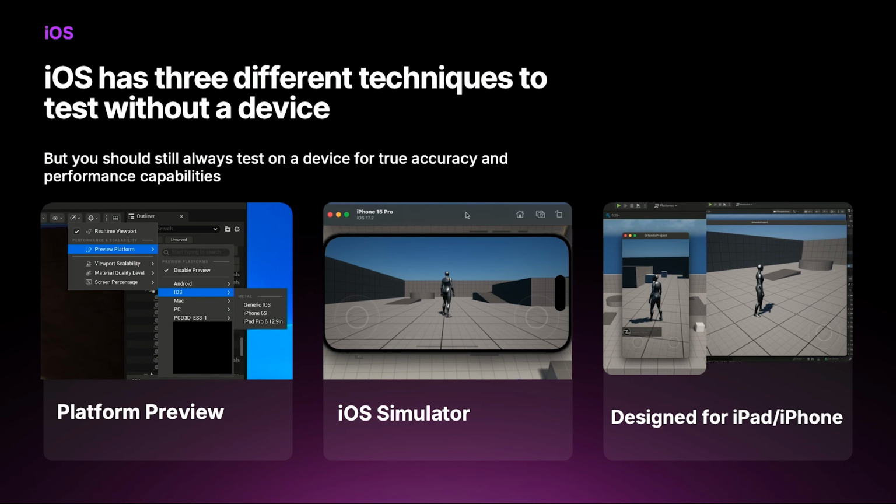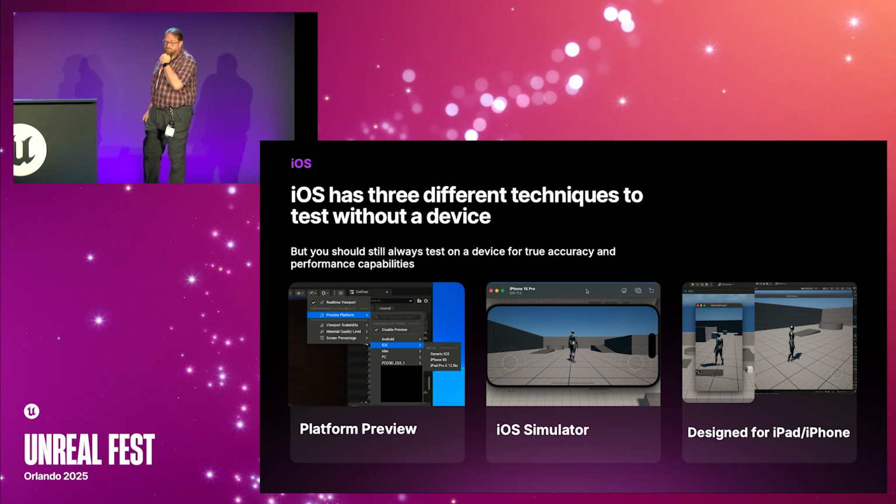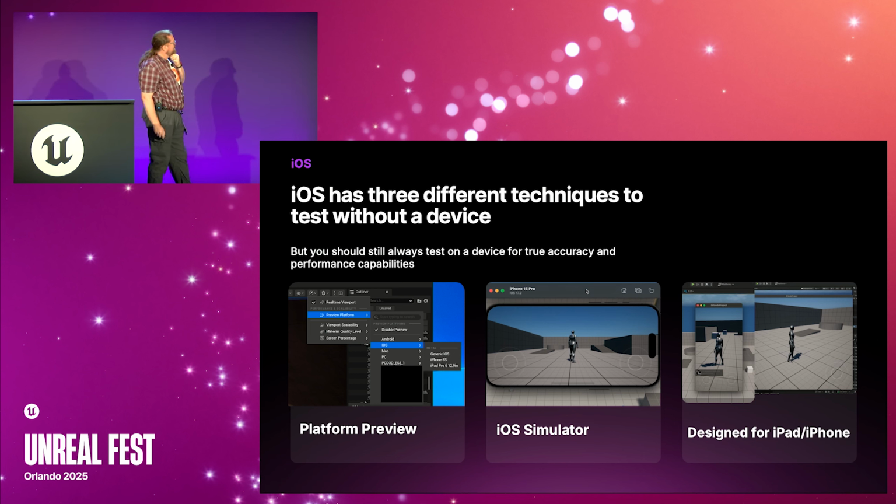And it's also easier for artists, not having to worry about having all the Android SDK installed and all that great stuff. And on iOS, we have 3 different versions: the deprecated simulator, platform preview. Although this does only work on the Mac, it does not work on a Windows-based machine. So obviously these pictures were taken from my Mac.